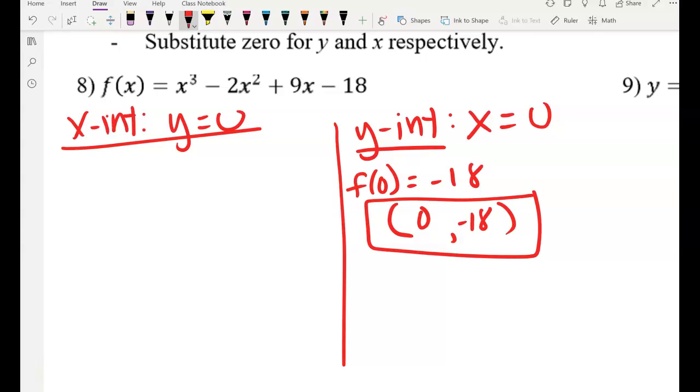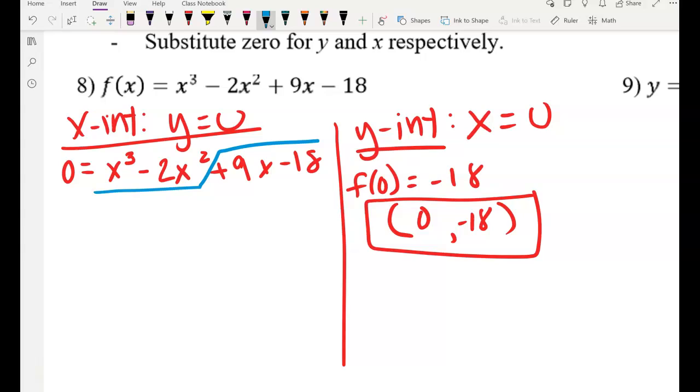Now the other one, x-intercept, requires a bit more work, but we already know how to do this. We're going to take y and set it equal to 0. So now we have x cubed minus 2x squared plus 9x minus 18. Colin, there are 4 terms here. How do we factor this? Yeah, like fence it out.